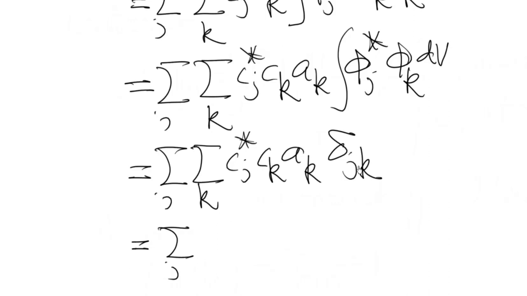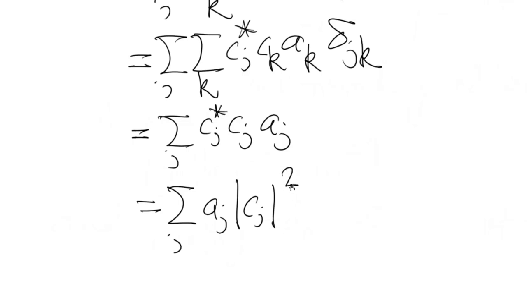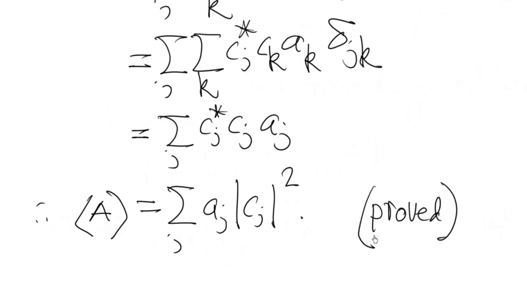Otherwise this delta will give you 0, so only one term will survive, and that is when k equals j. So wherever we see k, we just put j, which is nothing but modulus of c_j squared times a_j. Therefore the expectation value of A is this, and this proves our theorem.